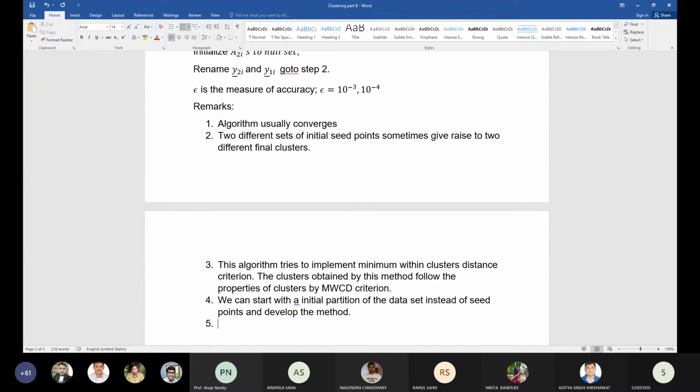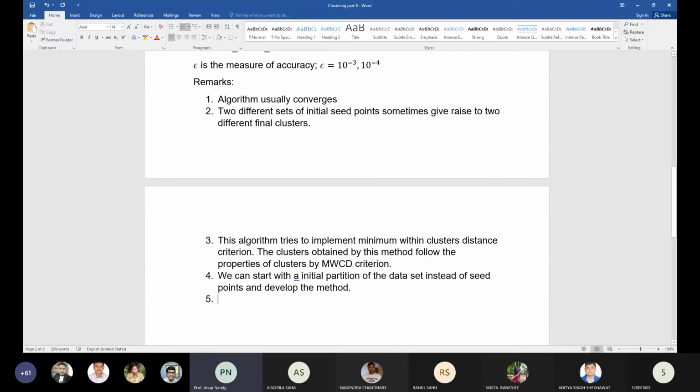One of these algorithms is called the MacQueen K-means algorithm. It is very popular, and this is the algorithm that we are going to use.